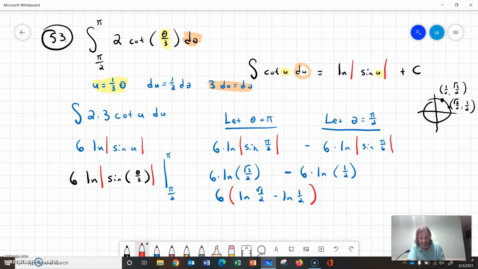When we do that, we're subtracting 2 logs, so we can turn that into division. So 6 is still on the outside, but then I'll have natural log of square root of 3 over 2 divided by, if you remember your log rules, 1/2. So that'll reduce down to just square root of 3. So the exact answer is 6 times the natural log of 3.